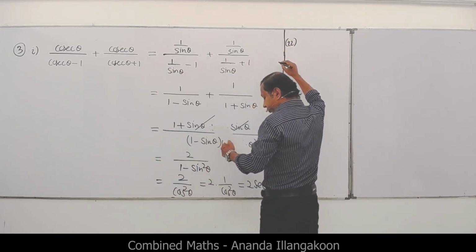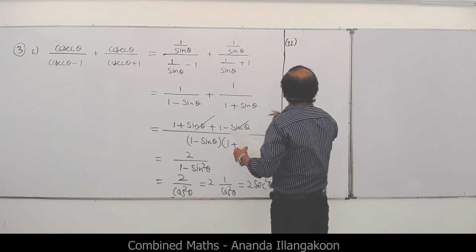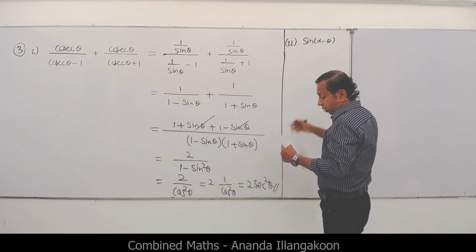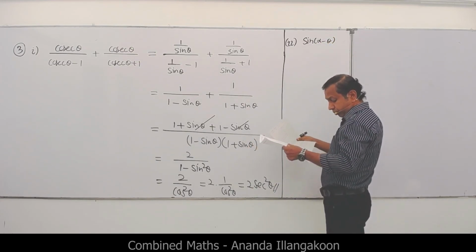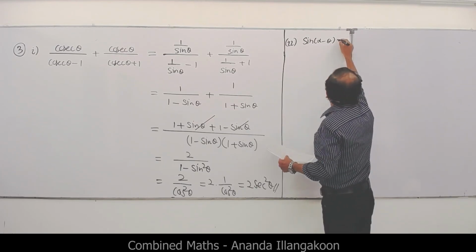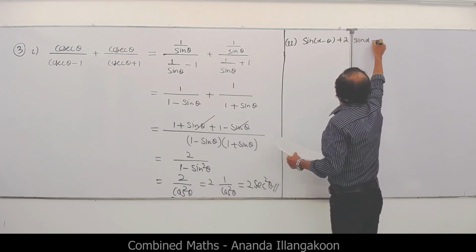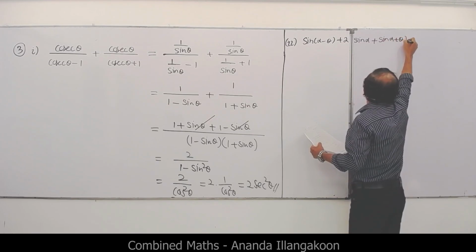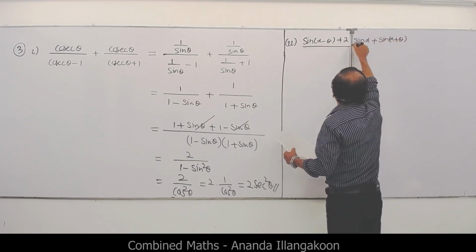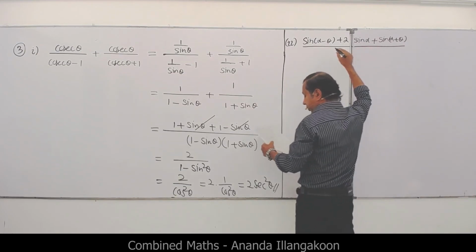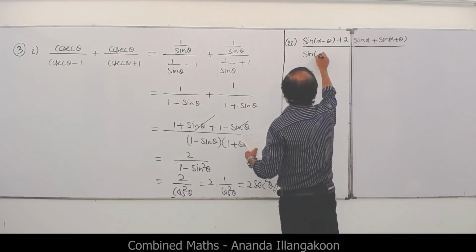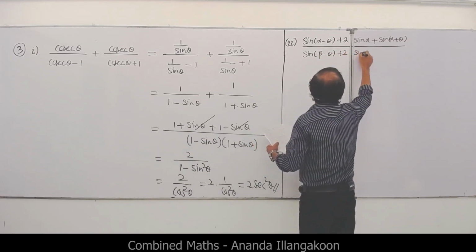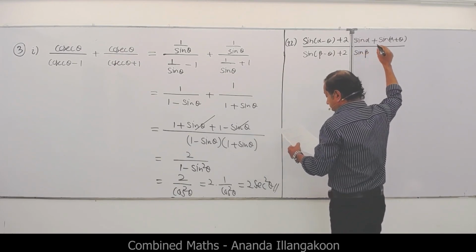Number 2. Sin alpha minus theta plus 2 sin alpha sin alpha plus theta plus 2 sin alpha sin alpha plus theta, divided by sin beta minus theta, 2 sin beta, sin beta plus theta.